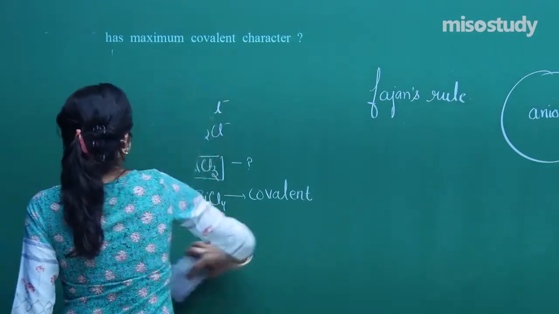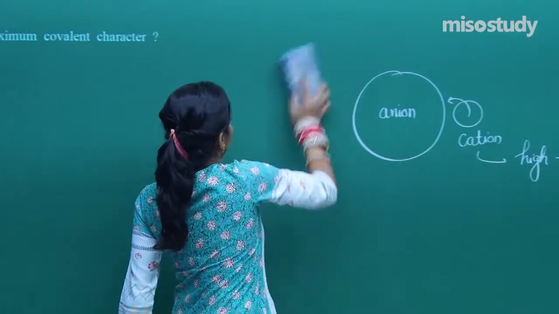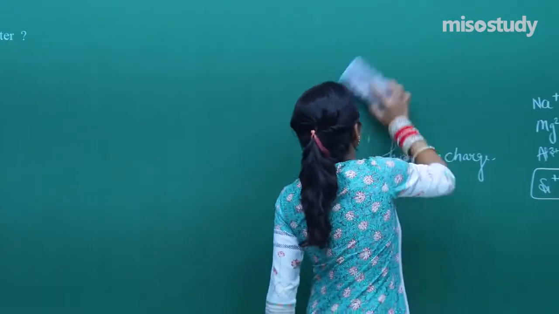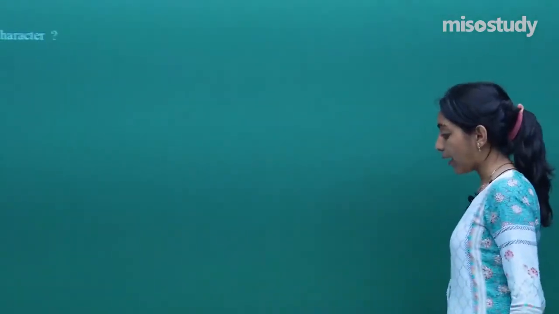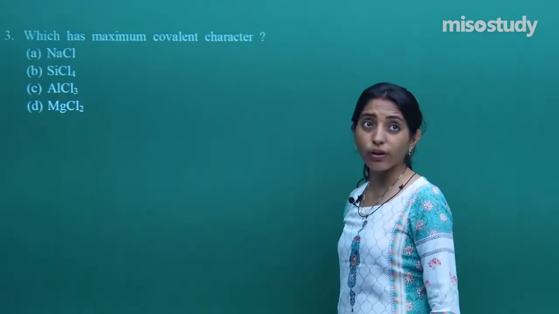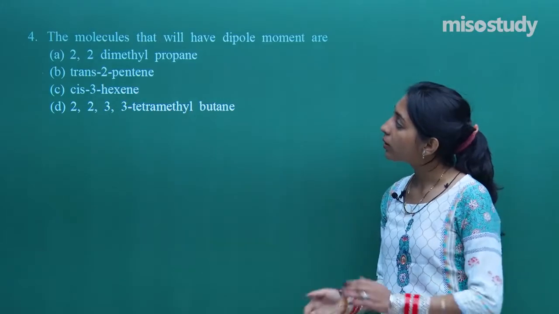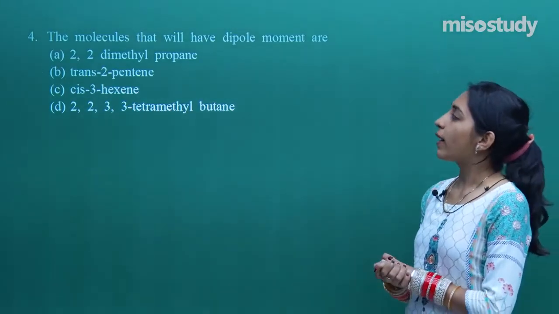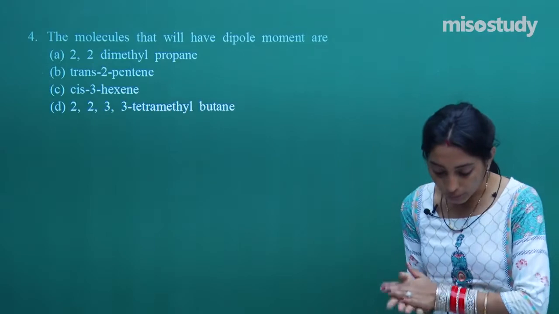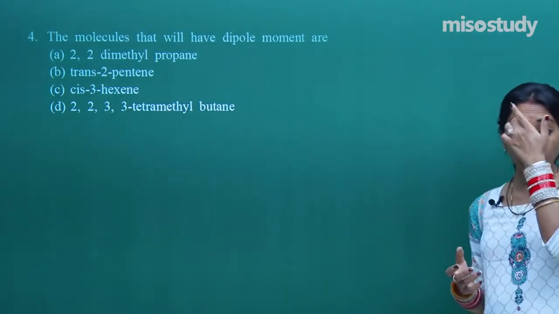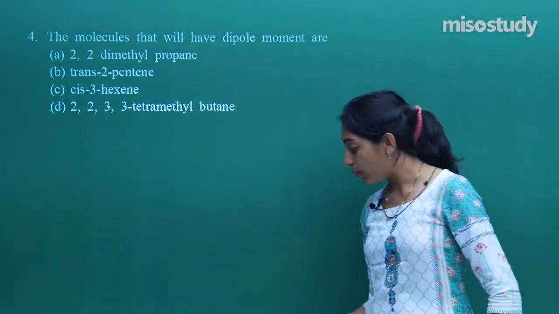Now having done with this, let's move on to another question, and this question is talking about the molecules that will have dipole moment. So now we have to figure out certain molecules which will be having certain dipole moment.